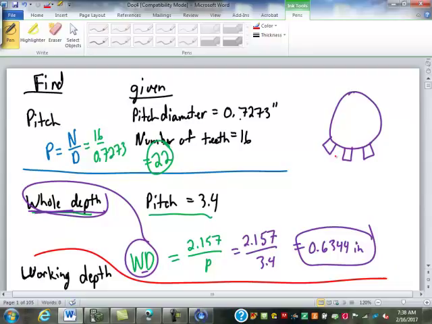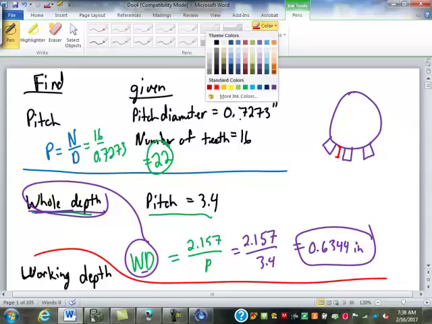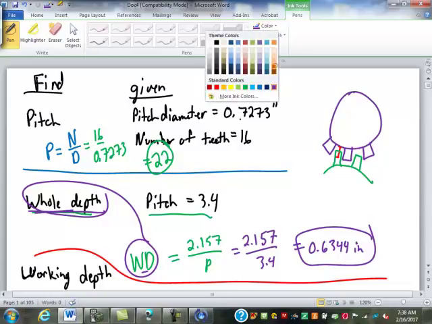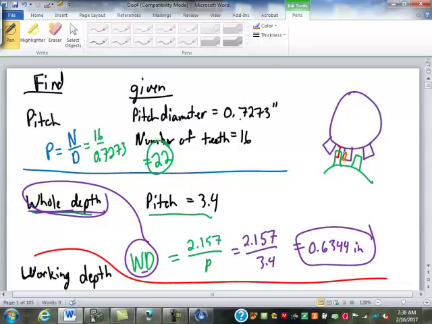The hole depth is from the outside of the tooth to the inside of the tooth. Remember, the working depth is when we have another gear that's meshing with it. It's how far the tooth of the next gear penetrates into that gear. That would be the working depth.